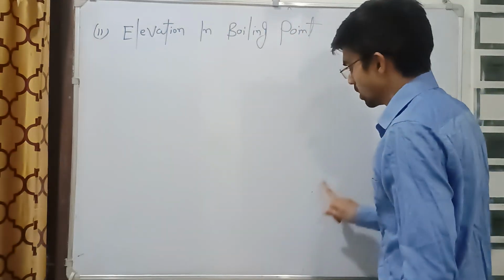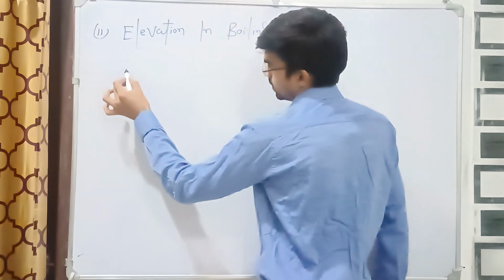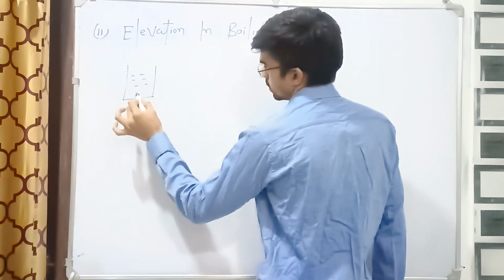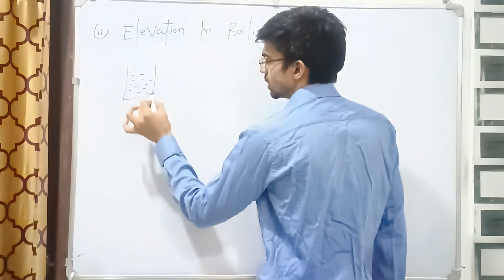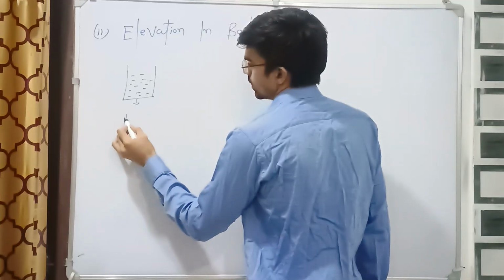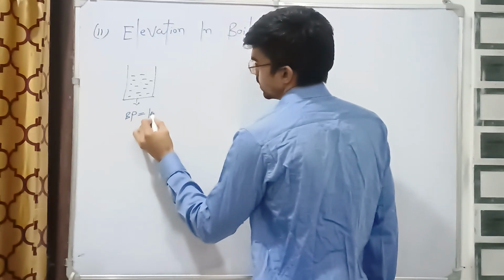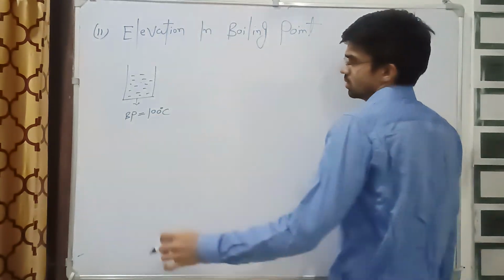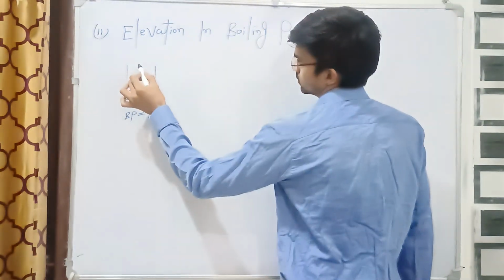Okay. So as we know that when we took the pure solvent, the boiling point will be the constant. Like if we take the pure water, the boiling point of pure water is 100 degrees Celsius. This is the pure solvent.